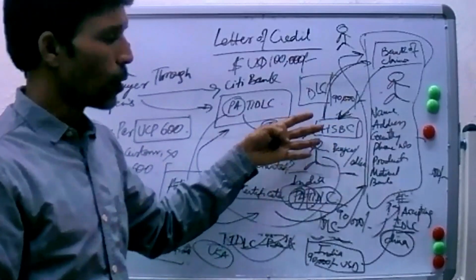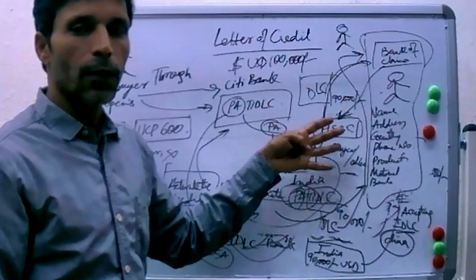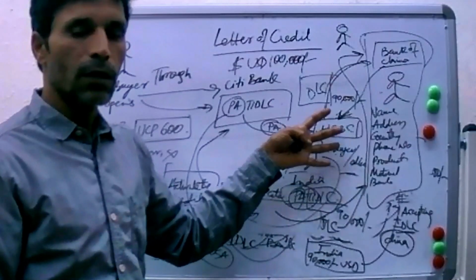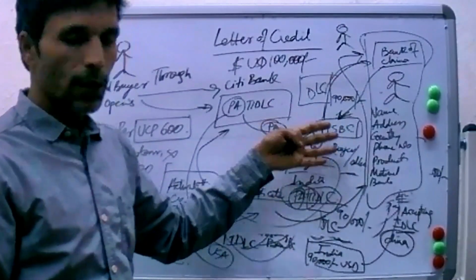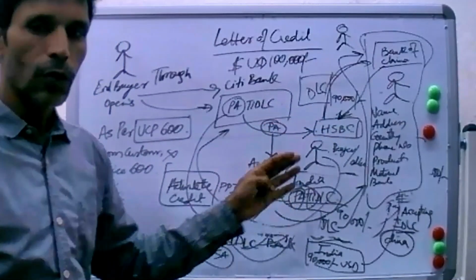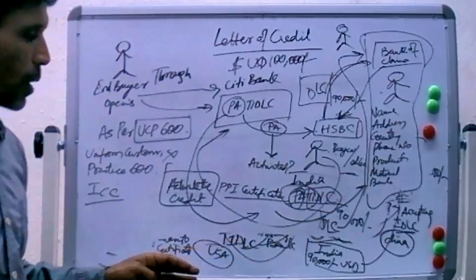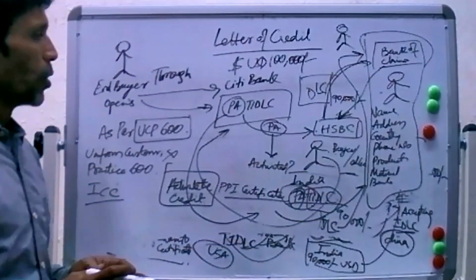Because the banks see the documents, if the documents are as per the LC and they are big banks, they know what to do, so they will do that. So that is called a USANS LC, that is a sight LC. Every LC when issued, you have to be careful.